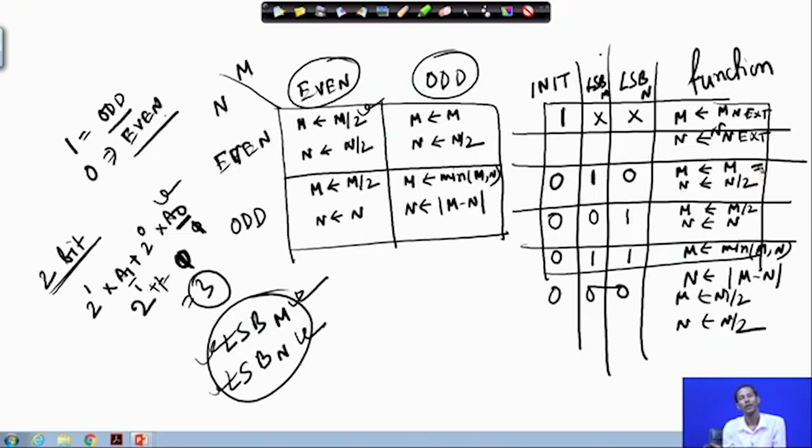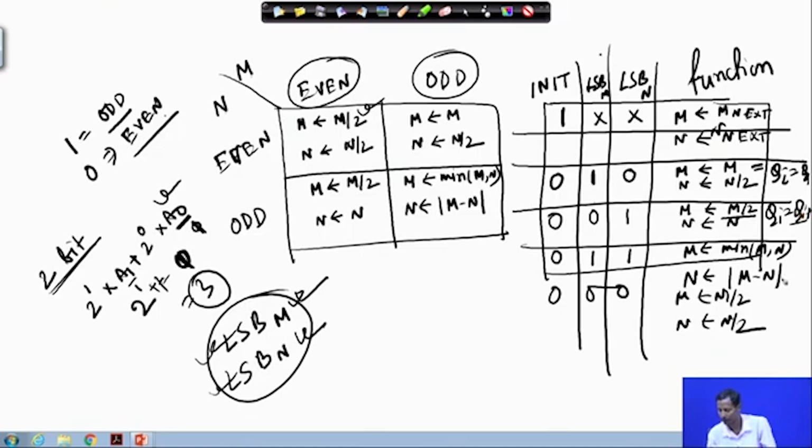So, m equals m means the input and output will be the same. That means Qi will be the Qi value. And whenever it is by 2, Qi will be Qi plus 1, that means just discard the LSB position.